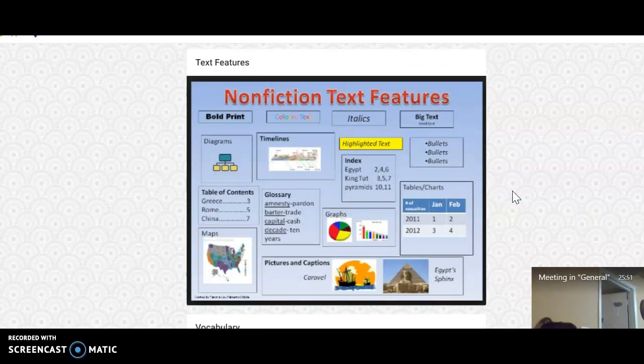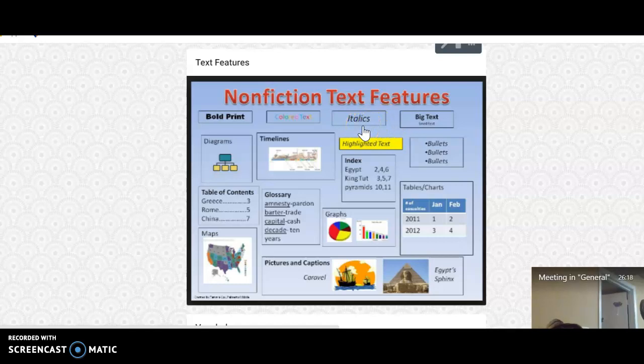So these are nonfiction text features. You have bold print. So bold print is when the words are really dark. Sometimes you'll have colored text. Sometimes the words will be in a different color to help them stand out more. Sometimes the words will be in italics. You'll have big text. The words will be larger than the other words.